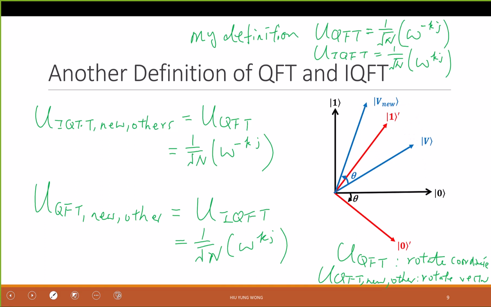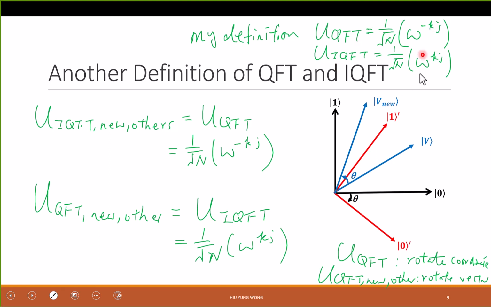They're equivalent in the sense of being with respect to the basis. The distance between the vector originally was so much; after you rotate it, it becomes this. Now I rotate this vector, it becomes this. They're the same. But the main point here is that I just want to explain why there are two definitions. I call this one the quantum Fourier transform because it's just the discrete Fourier transform, the same matrix.